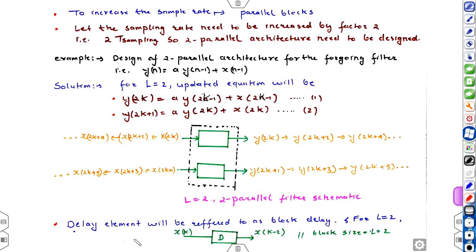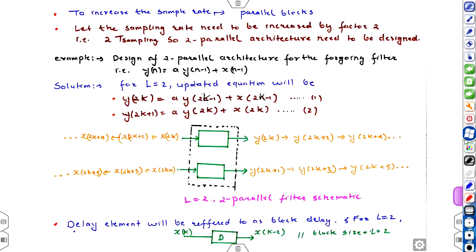Okay, but if I derive the parallel FIR structure, the delay element will correspond to the block size. So if I put a delay element, then there will be a difference of 2. So it is not possible to feed back the term y of 2k minus 1.